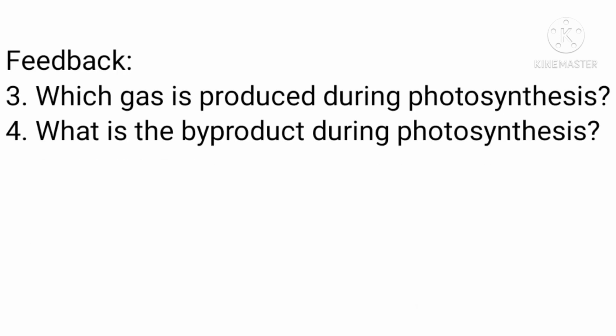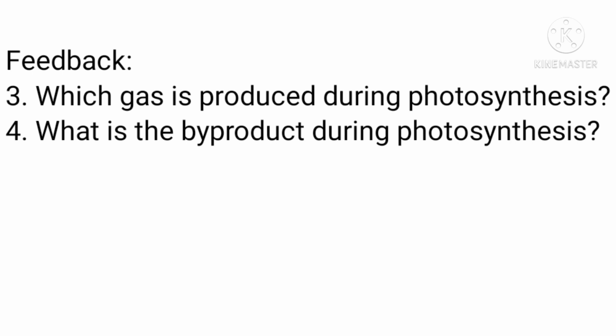Now question number 3. Which gas is produced during photosynthesis? What will be the answer? Yes, the answer is oxygen gas. We know that oxygen gas is produced during the photosynthesis process. Now question number 4. What is the byproduct during the photosynthesis process?